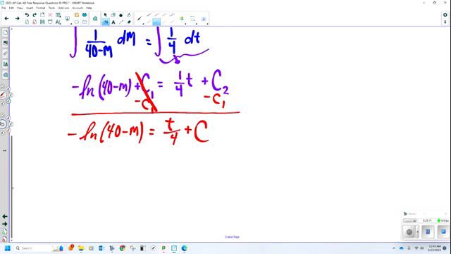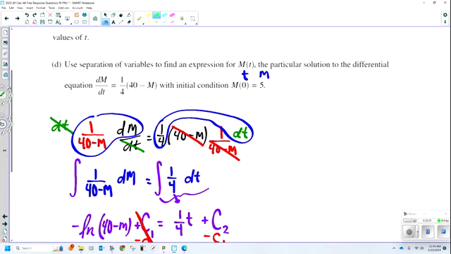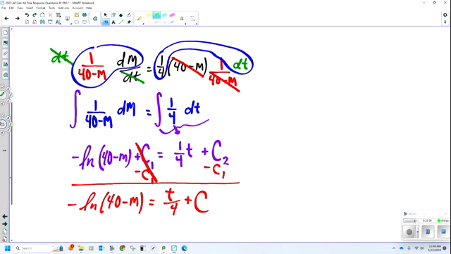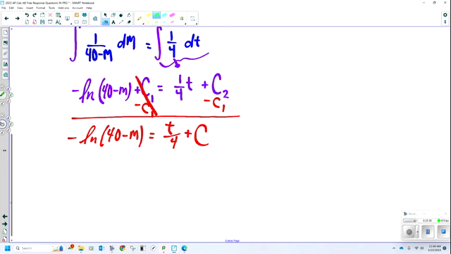At this point, I'm going to use my initial condition to solve for c. All right? Remember, whenever I come up with an equation, they want me to come up with an expression or an equation for M of t. So in my equation, I'm going to have an M, I'm going to have a t, but that means I need to figure out what the c is.